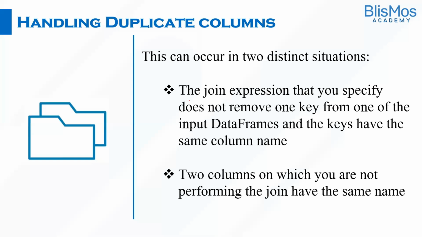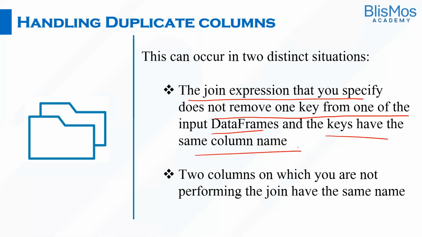One reason would be the join expression you specify may not remove one key from one of the input data frames, and the keys have the same column name. The second reason is that two columns on which you are not performing the join have the same name. These may be the possible reasons which result in duplicate names in the resultant data frame of a join.